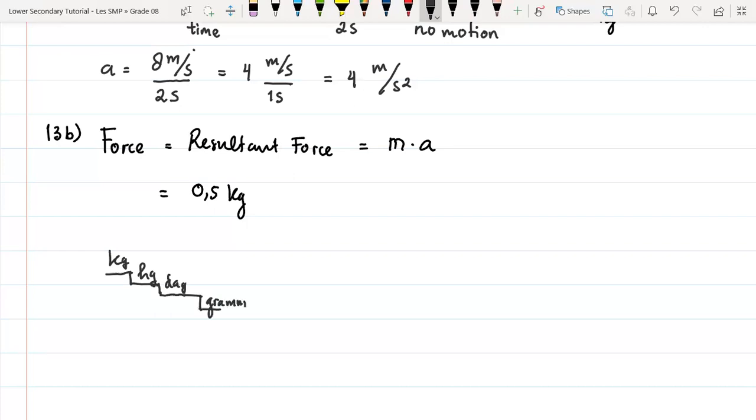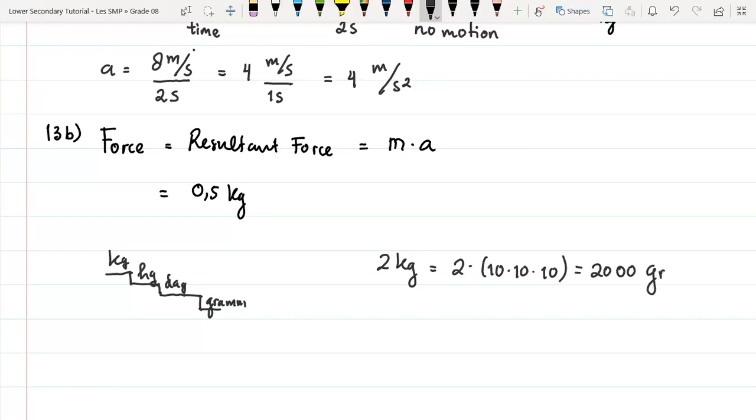So if you have 1 kilogram, it will be times 10 times 10 times 10, which is times 1000. If you have 2 kilograms, it is just like saying 2 times 1000. So you have 2000 gram.